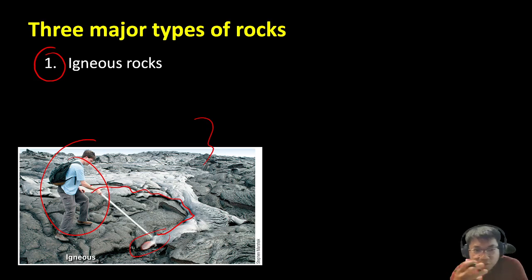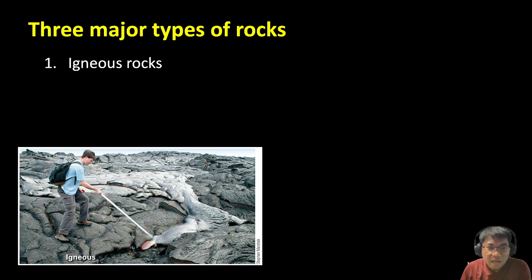There could be some pressure, and then a bubble can pop up and shoot in whatever direction it wants to go. So it is not recommended to do this. But as you can imagine, this lava is very hot. It's probably coming from a volcano, and this lava will eventually cool down and solidify and form igneous rocks.